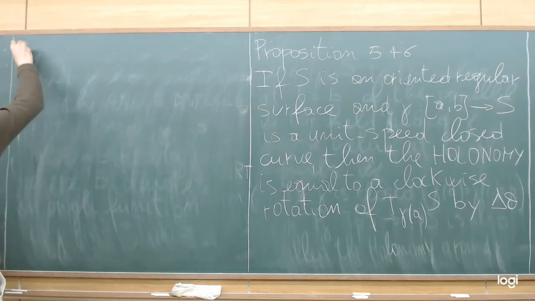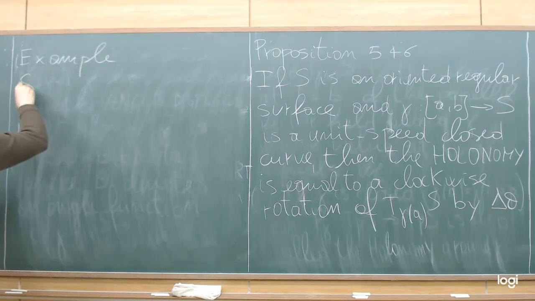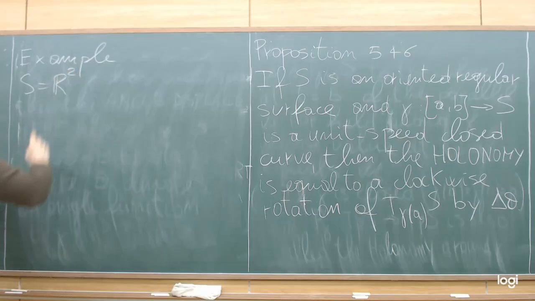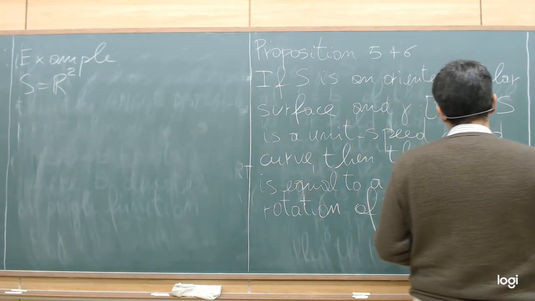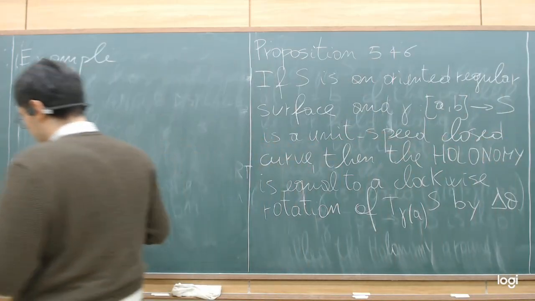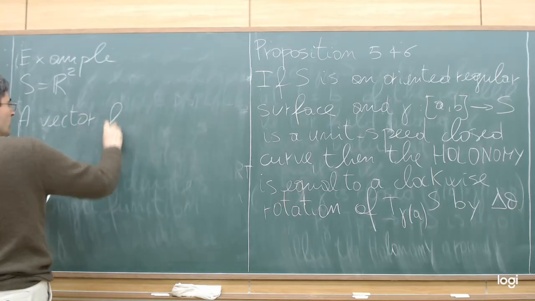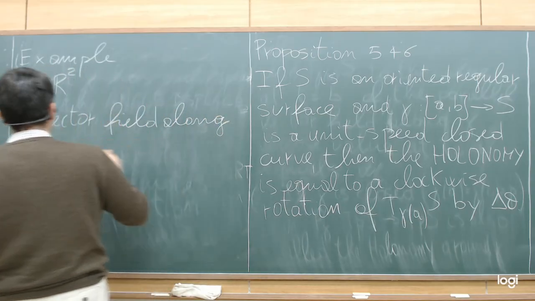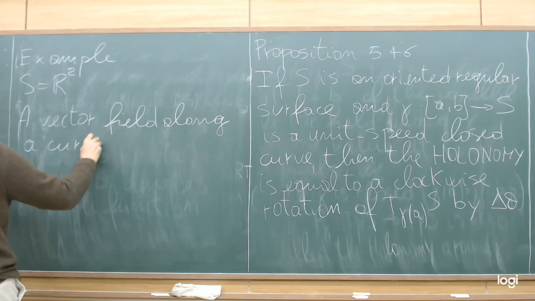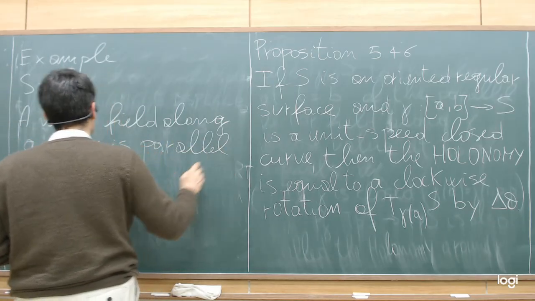So what happens if S is R2? If S is R2, we know that a vector field along a curve is parallel if and only if it's constant.